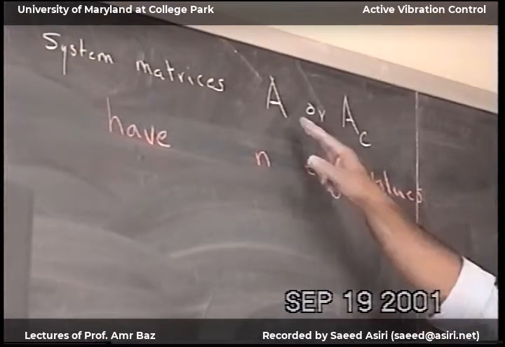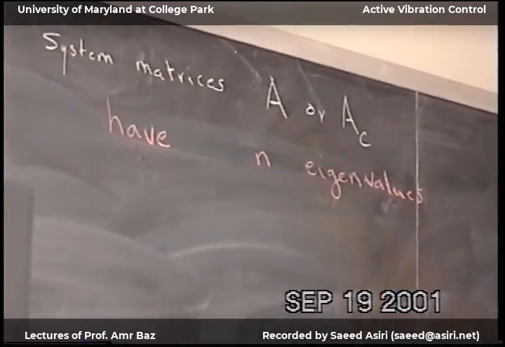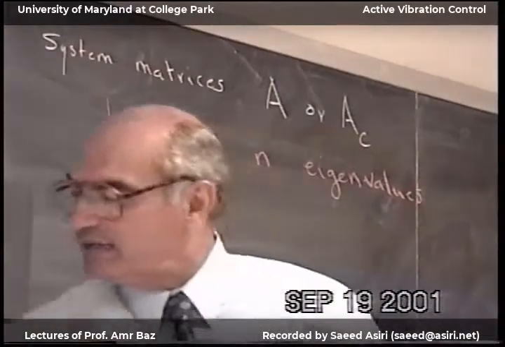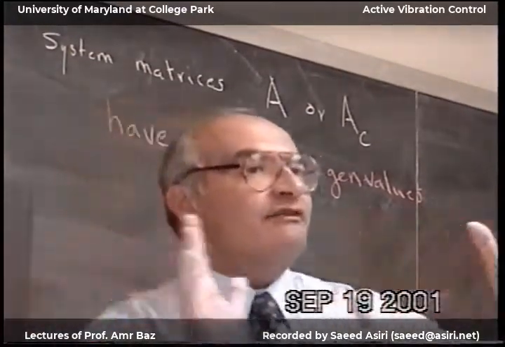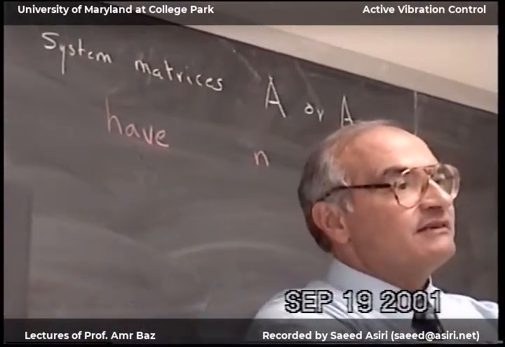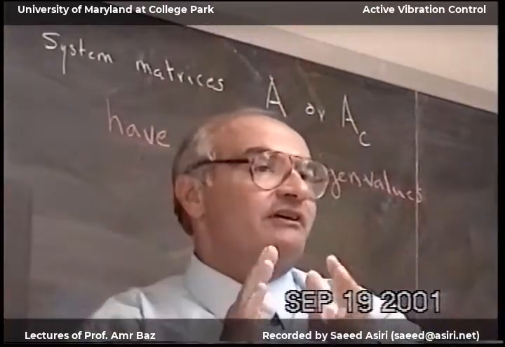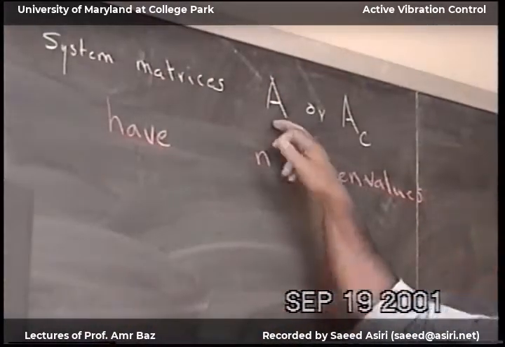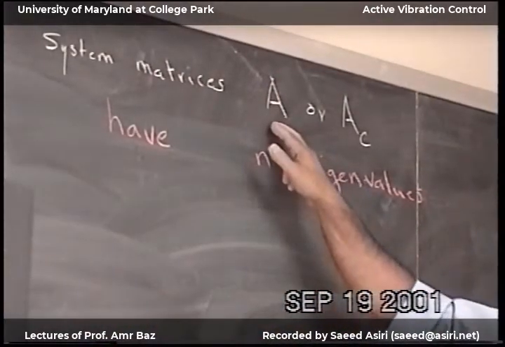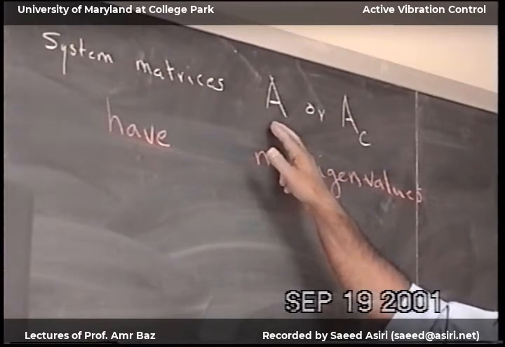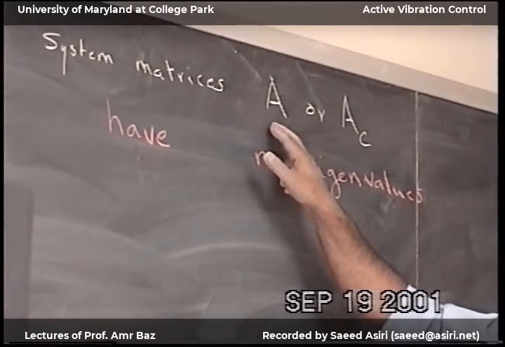Now, A has very little damping, so the system eigenvalues are very close to the imaginary axis. My job here is to select the gain to make everything damped, and damp it very fast. So I'm going to move the eigenvalues of A as far inside the left-hand side as I can, so I can dampen the system.